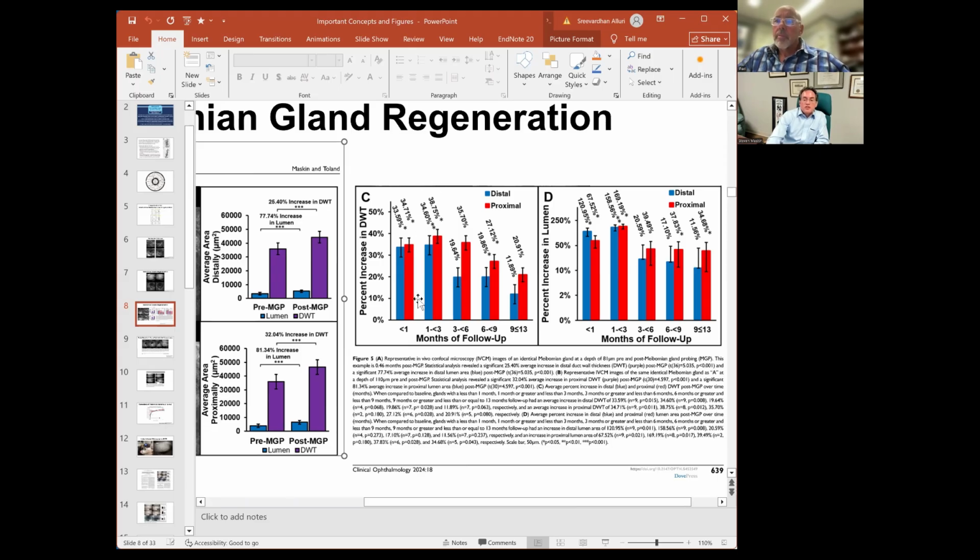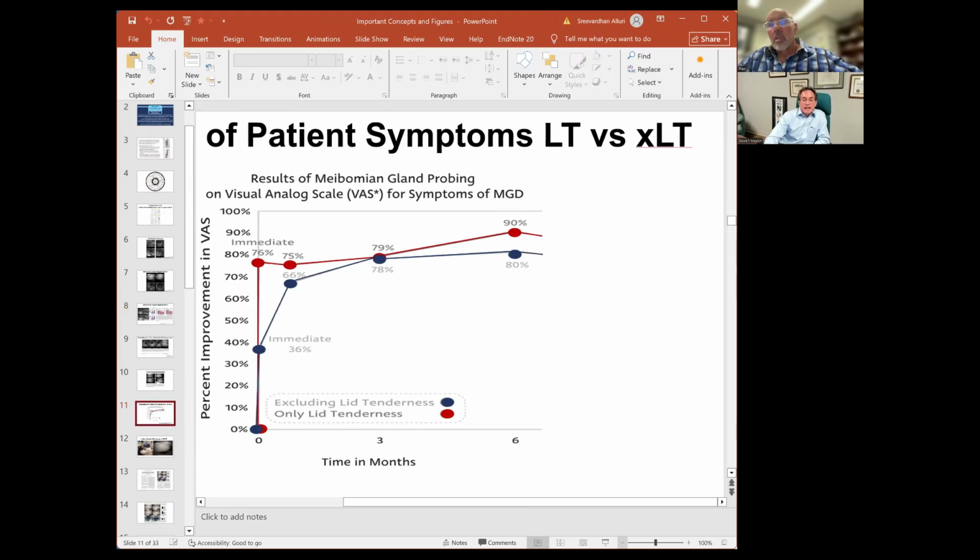Between 1 and 3 months is the peak results, and then it gradually tapers off to, at the end of a year, still above baseline. But it's important to note that again, this is the result of increased functionality, increased duct wall thickness, increased functionality correlate with improved symptoms we call accept lid tenderness. So that's burning, stinging, photophobia due to the increased functionality of the gland.